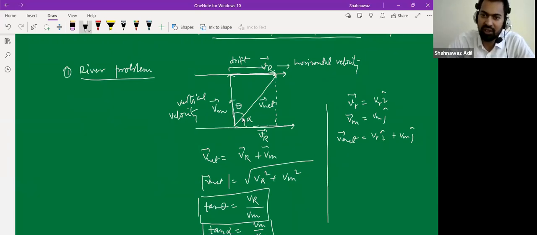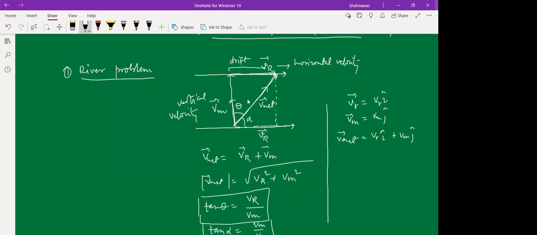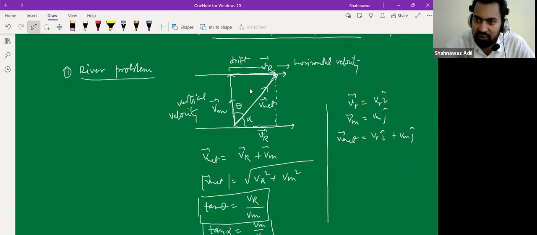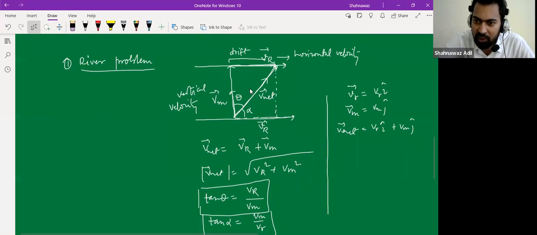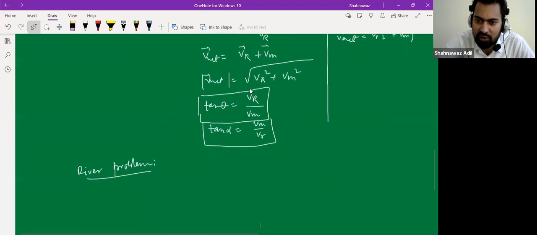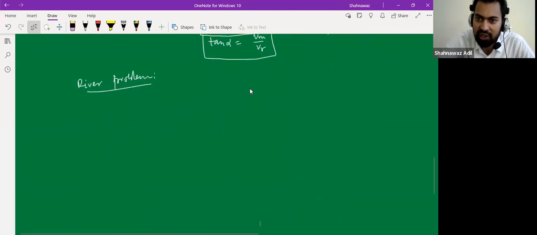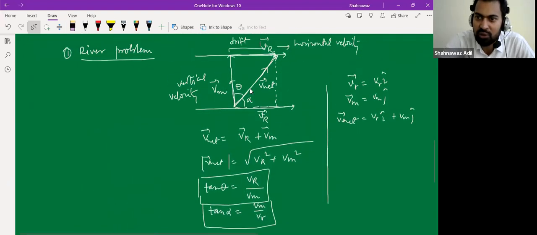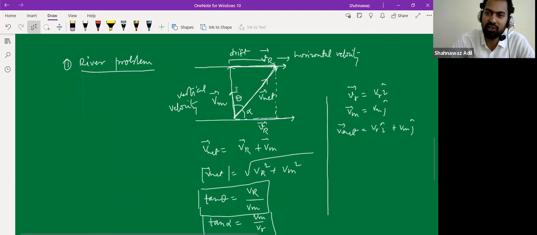But resultantly, he got carried away by the flow of the river, and the resultant was this, right? But what if the man wants to complete his journey or cross the river in the shortest path?